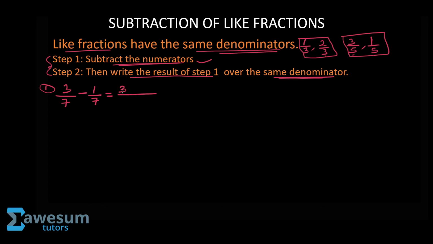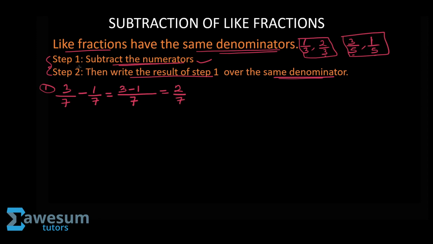So that will be 3 minus 1. And then bring the denominator right here because that is the same denominator. So 3 minus 1 is 2 over 7.